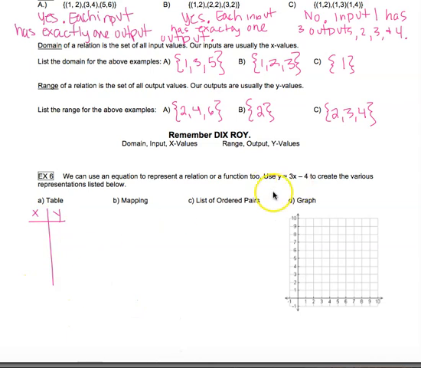In this case, we're just going to do, let's do 1 and 3 and 5. So we're going to use 1, 3, and 5 for our inputs in our table.